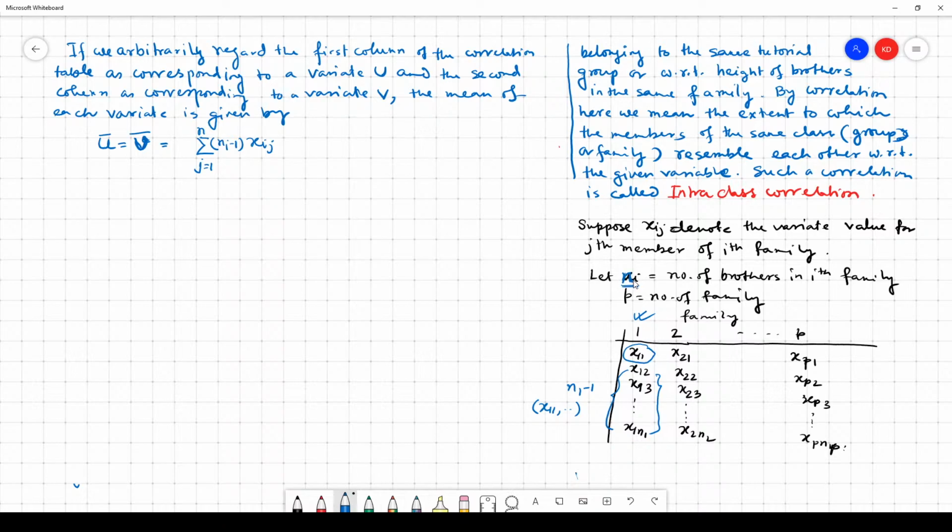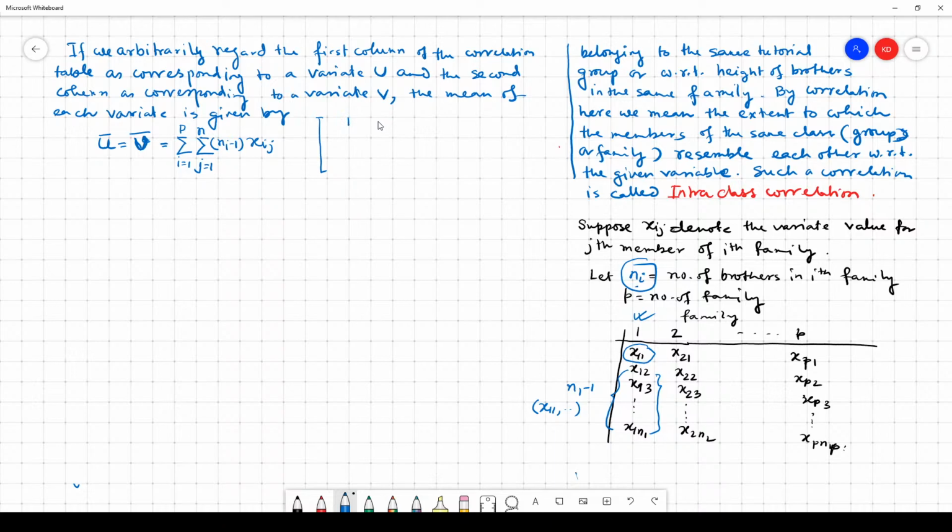This should be ni, not ki, because I write these as n1, n2, np, so it is better to write ni instead of ki. Please rectify this. And then the sum over families: how many families are there? p.